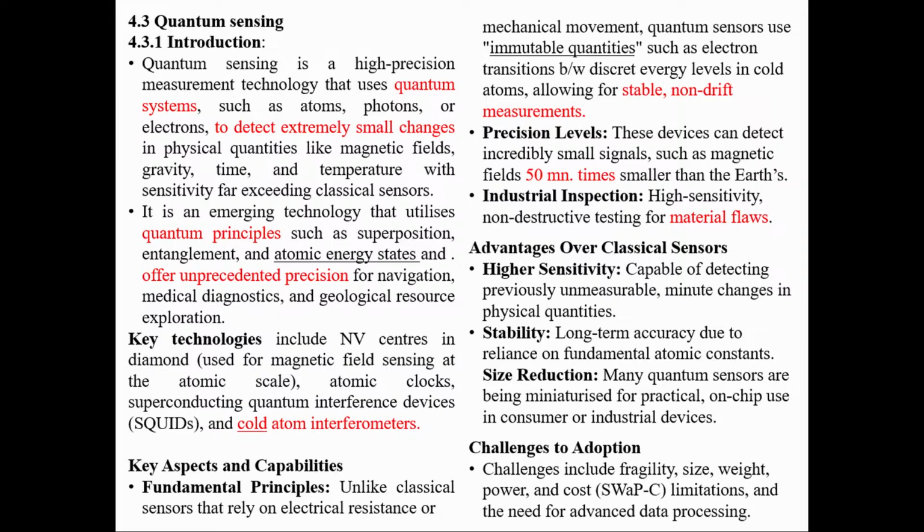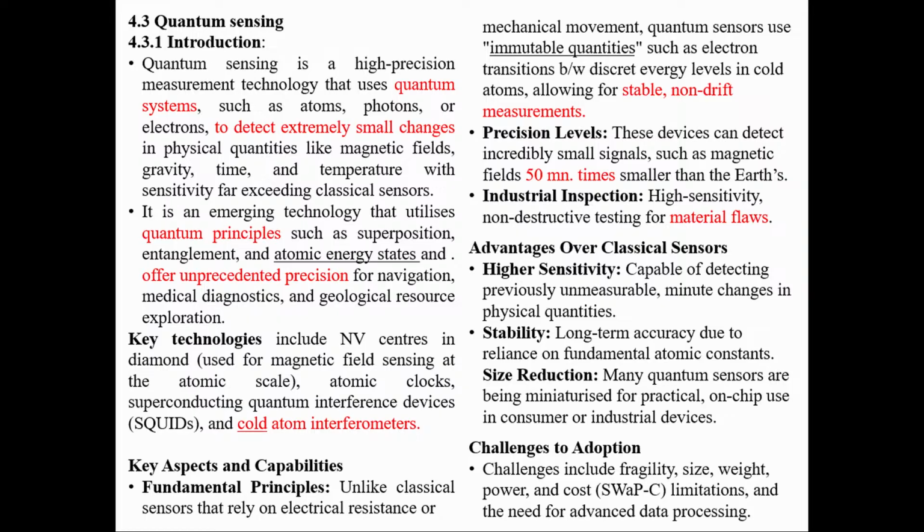It uses quantum principles like superposition, entanglement and atomic energy states, and offers unprecedented precision for navigation, medical diagnosis, geological resource exploration and so on. It can be used for very highly precise measurements. That is quantum sensing.